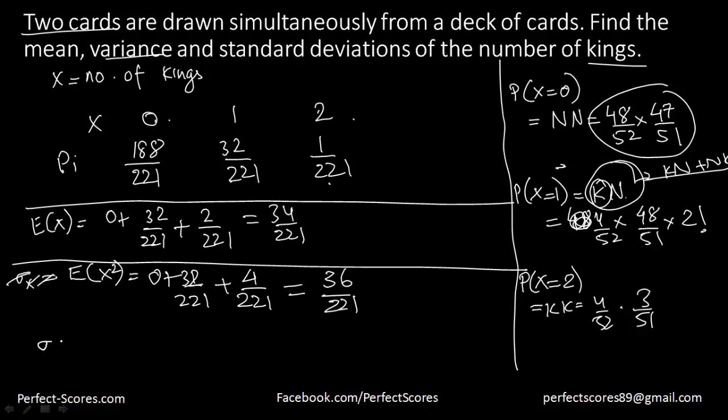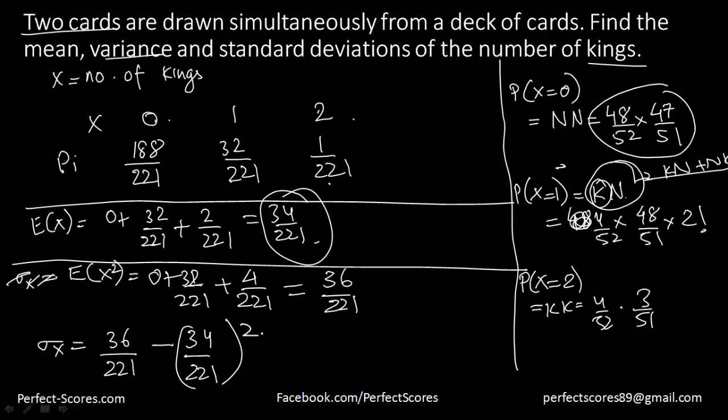So the variance is the expected value of X square, 36 by 221, minus the square of the expected value, which is 34 by 221 all squared. You can use a calculator to find this, and the standard deviation is nothing but the square root of the variance. So that is going to be that.